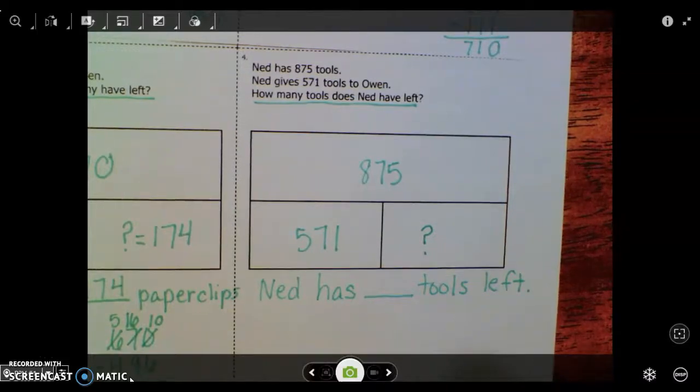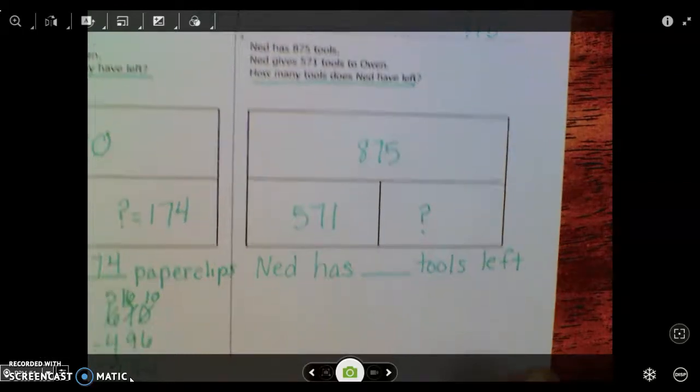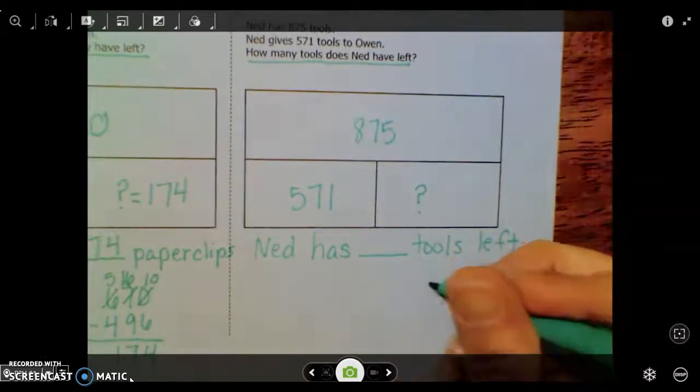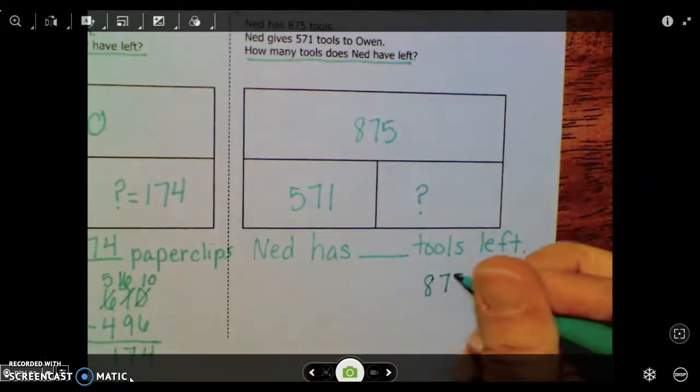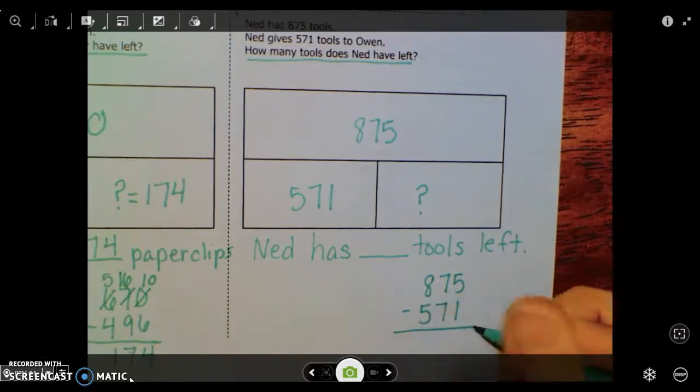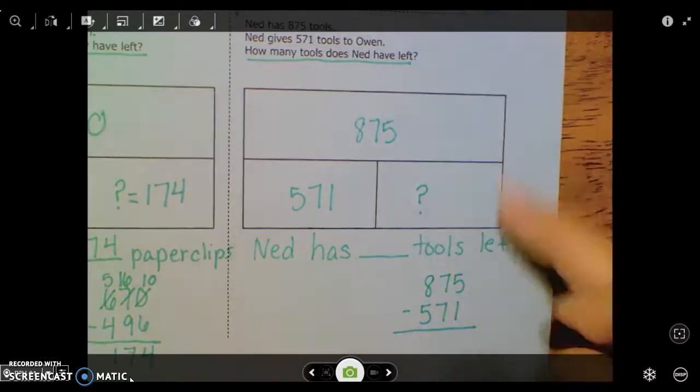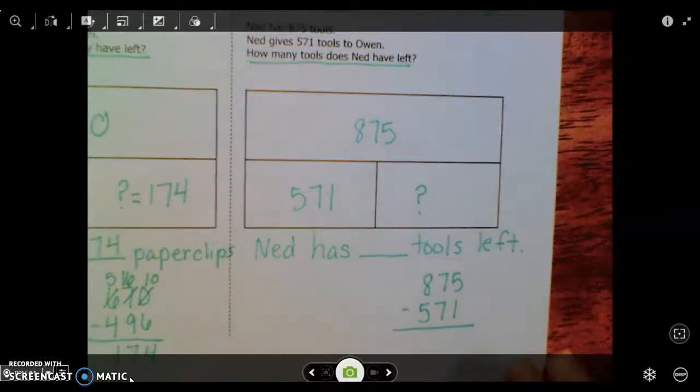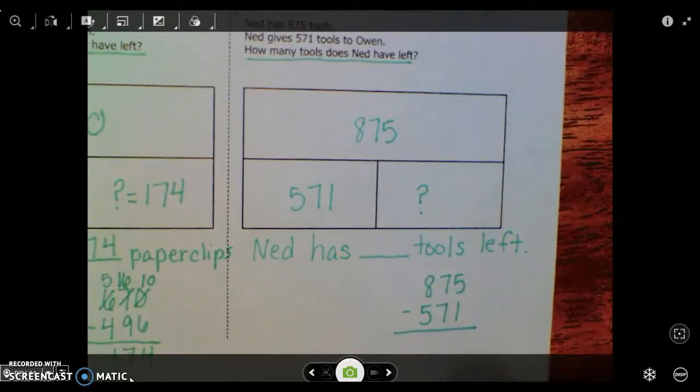Okay. So go ahead and fill in those numbers in your bar model. And then let's write the subtraction problem. I have my whole. I'm going to take away one of my parts, and I will be left with the remaining part that I don't know. Go ahead and write that problem down. Pause if you need to.